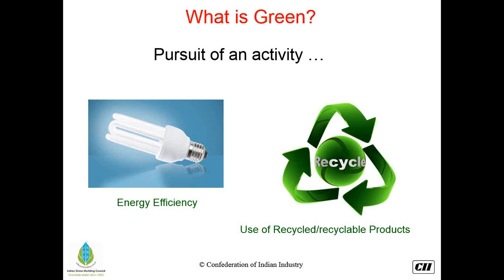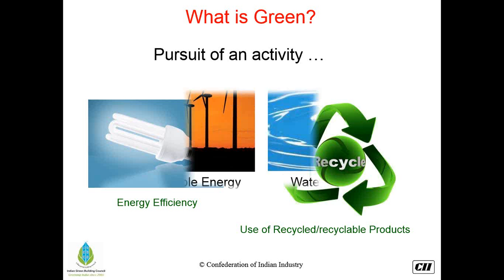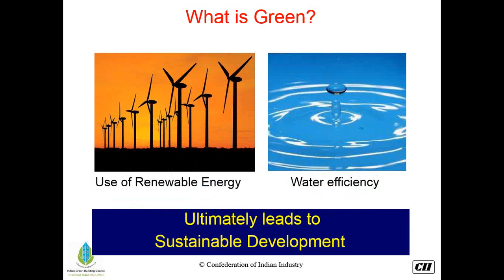That's what green is going to depict here. So the main activities which come under sustainable are energy efficiency, use of recycled or recyclable materials, use of renewable energy, and water efficiency. All this together is what we are talking about as sustainable development.